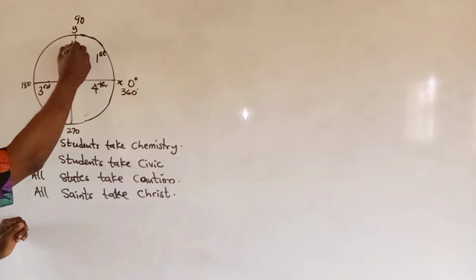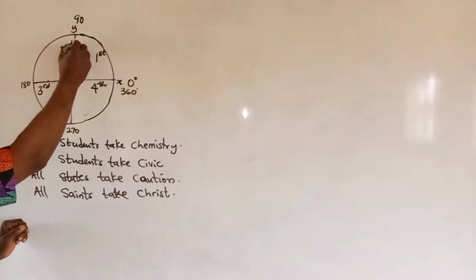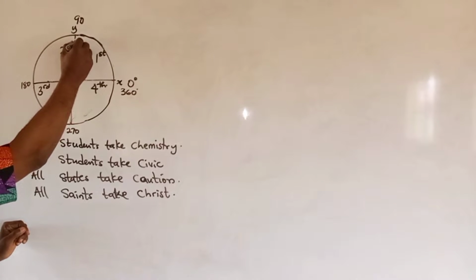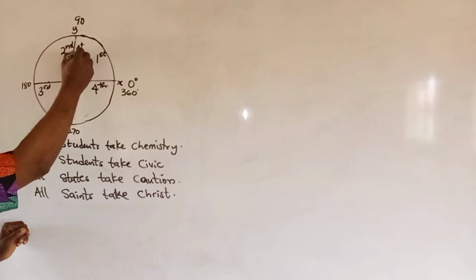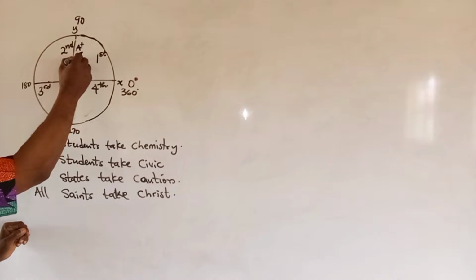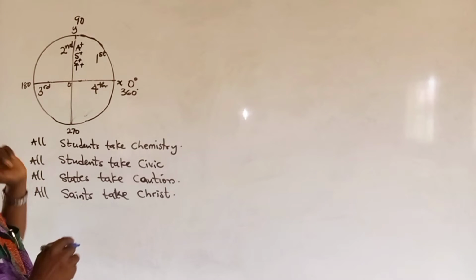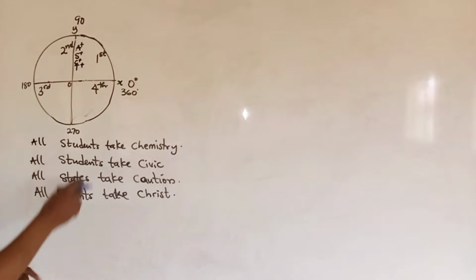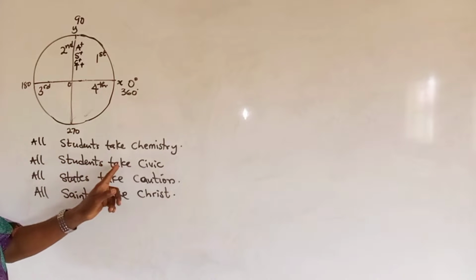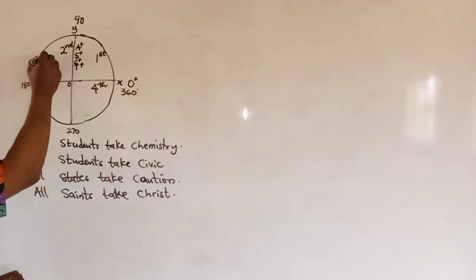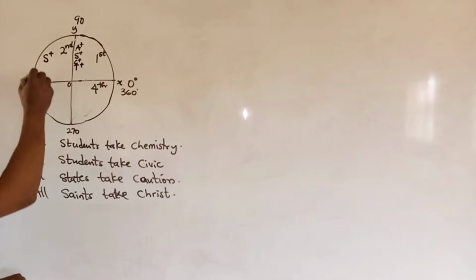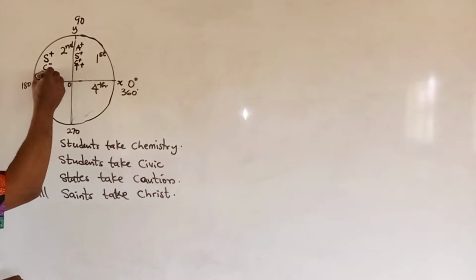That means in the first quadrant, all are positive. That means sine is positive, cos is positive, tan is positive. Now, in the second quadrant, "Students" here means sine is positive, cos is negative, tan is negative.